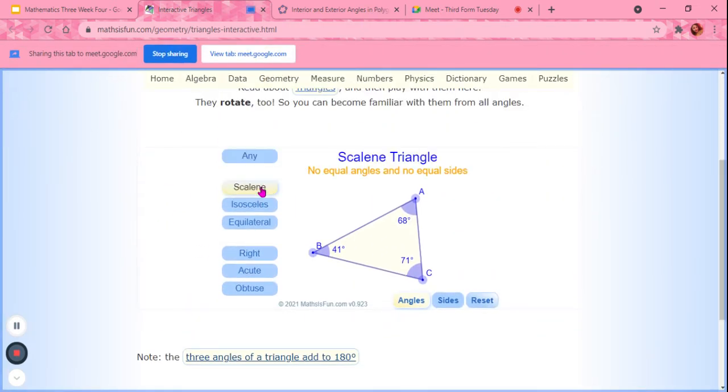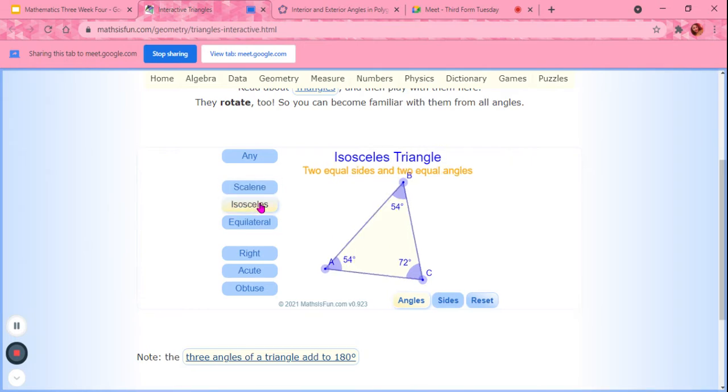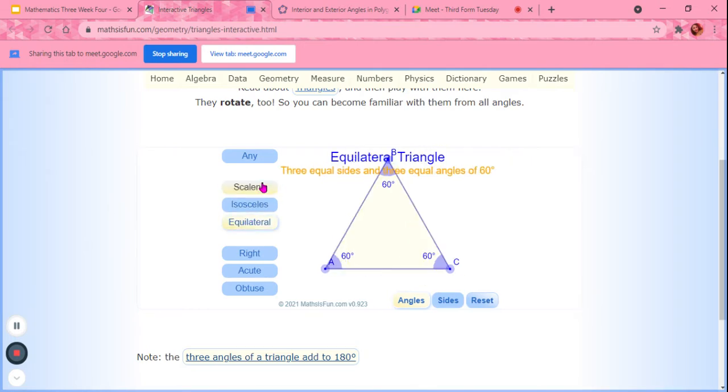You have scalene, you have the isosceles, and you have the equilateral. Now, if we talk about the equilateral, all the sides are the same and all the angles are the same. And we had said yesterday that all the angles have to be 60 because 60, 60, and 60 would give me the 180 that is requested of me.